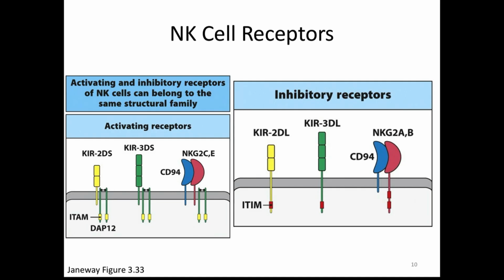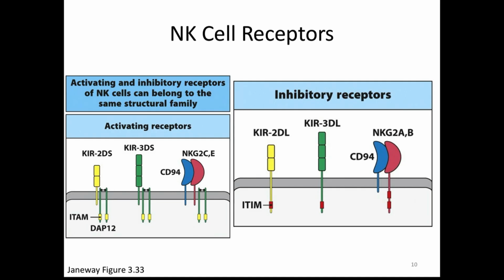So you can see that some of these are drawn as having a lot of immunoglobulin domains. Some of them are drawn as having some other types of domains. So we could put those in different families. You can see the ones with the immunoglobulin-like domains usually have KIR as part of their name. These ones that have another structure usually have some other type of naming. So that's one way we could divide up NK receptors.